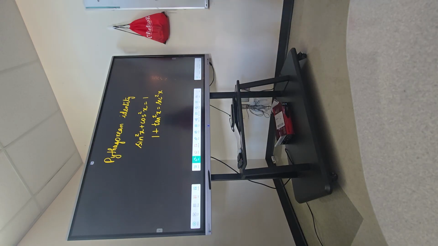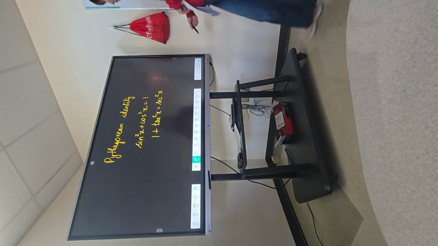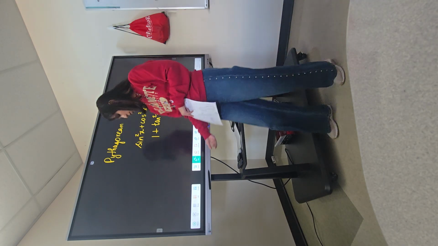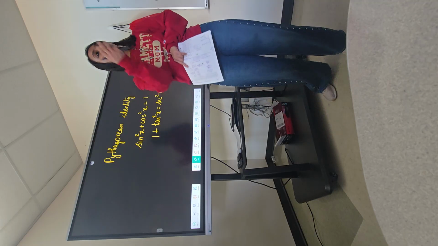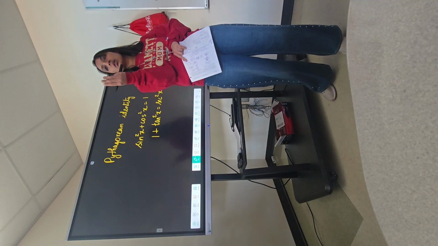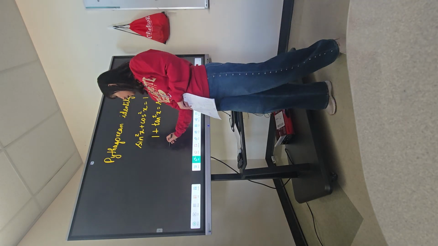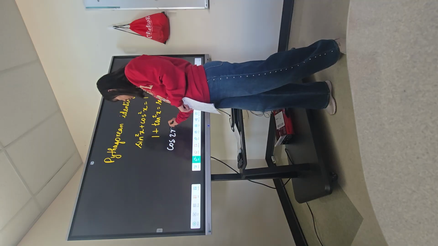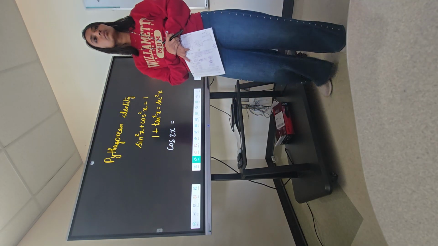And then the double angle identity for cosine, not for sine. Can someone tell me the double angle identity for cosine? There are three of them, actually. Cosine of 2x equals... Oh, I was doing the sum and difference.